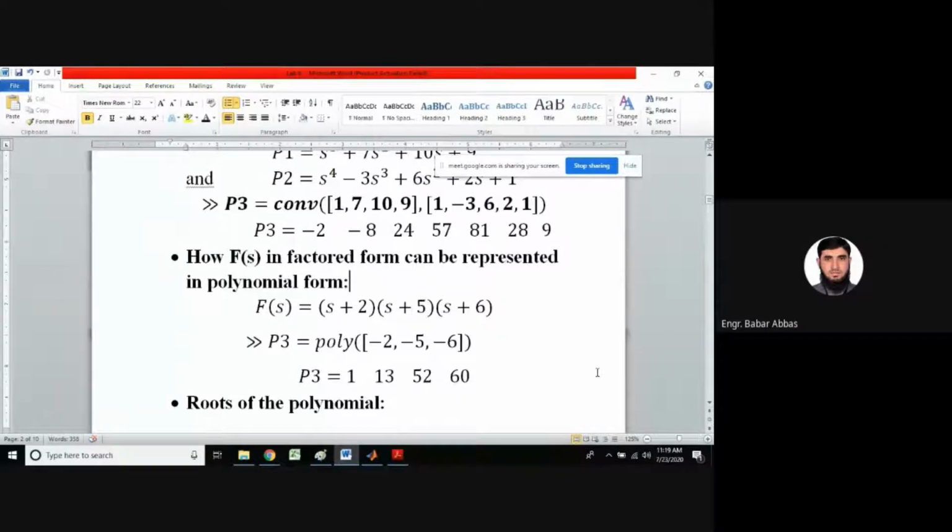If we are interested to find the multiplication of these polynomials, we will use the command poly, and we'll write the negative values of the roots. That is equal to minus 2, minus 5, minus 6, and the command is poly.